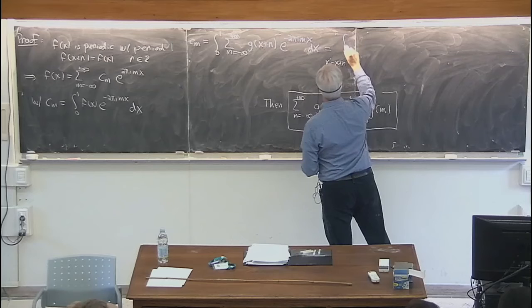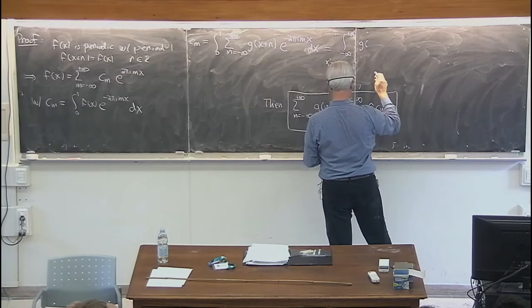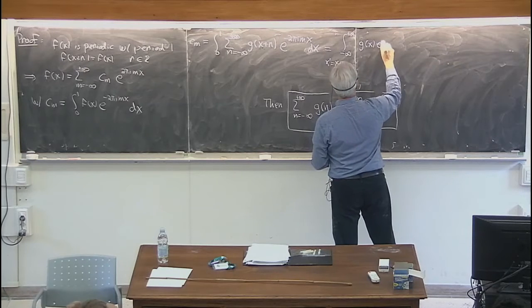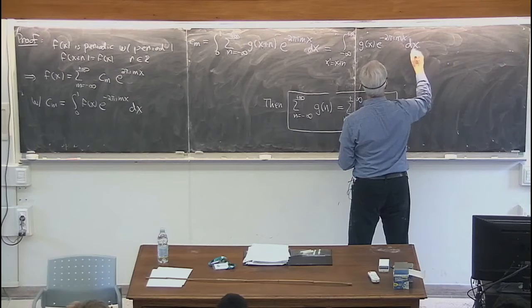So this is equal to the integral from minus infinity to plus infinity, g of x e to the minus 2 pi i m x dx.